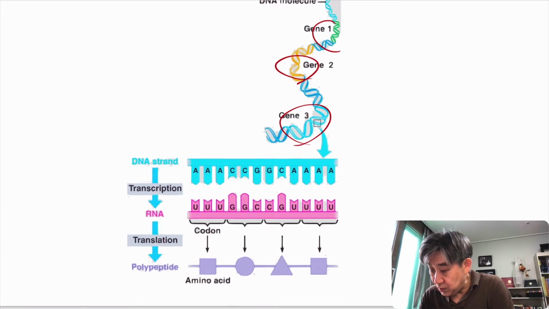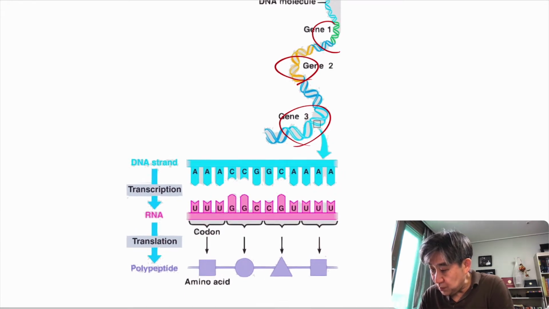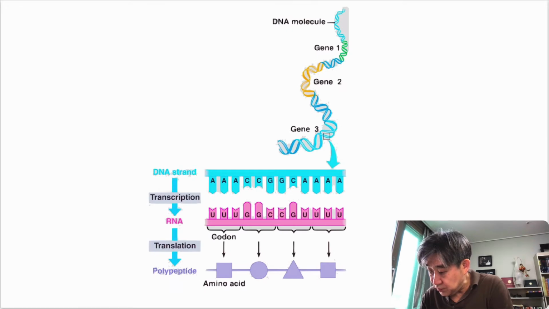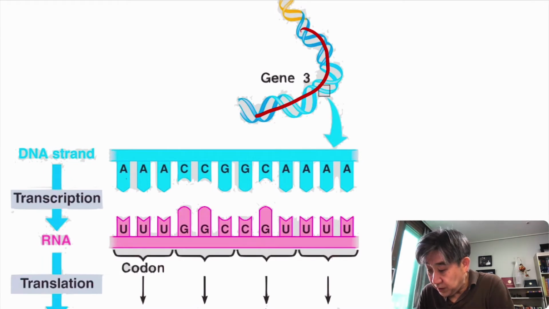But anyway, if we zoom in and look at the third gene, gene 3, it is nothing but a DNA sequence, like AAA, CC, GG, it goes like that.